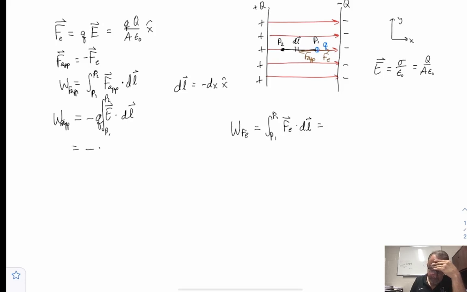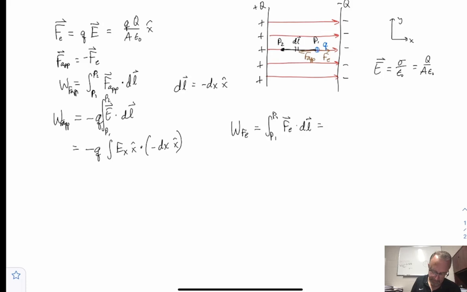So the applied force is in fact minus Q dot E. Now the E here, let me make it a little more general. The E is in the x direction. The electric field is in the positive x direction, x hat. But dotted into dl, dl is in the negative x direction.